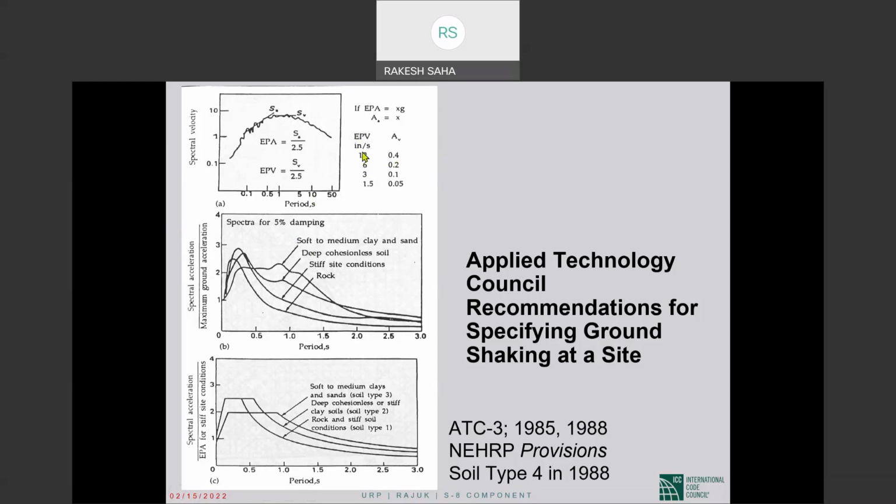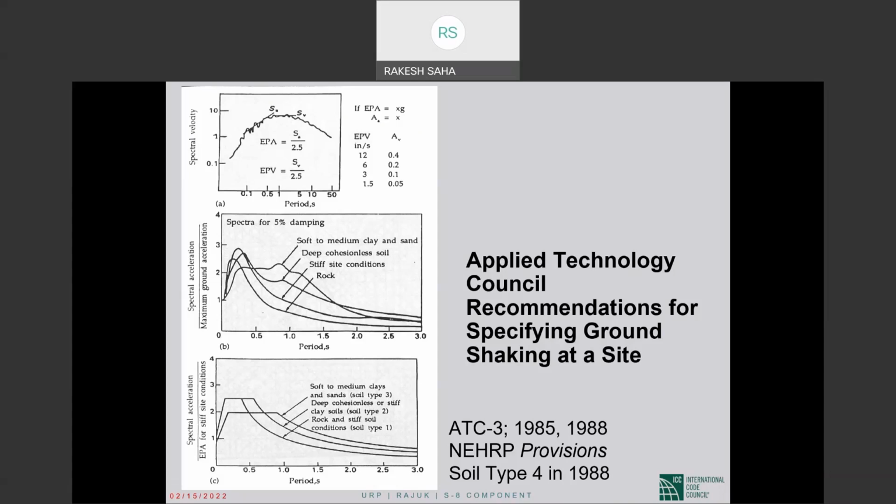Okay, so all those details will not sink in, and that is probably unnecessary because this is in the past. But effective peak acceleration and effective peak velocity, I think you need to understand, because if you go through literature, you will come across them. Effective peak acceleration is spectral acceleration divided by 2.5. It is a spectral quantity that is close to the peak ground acceleration.